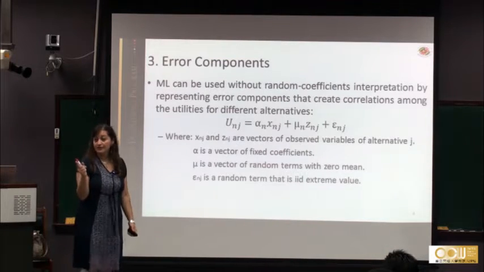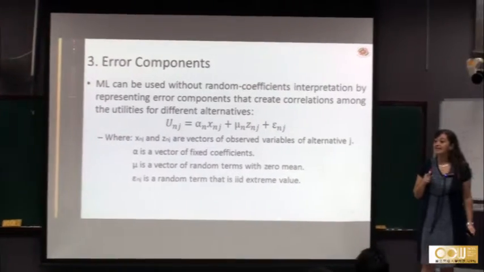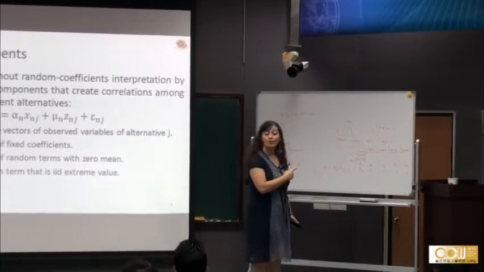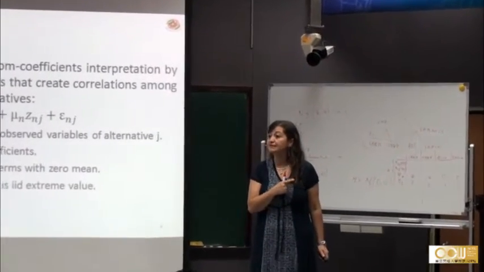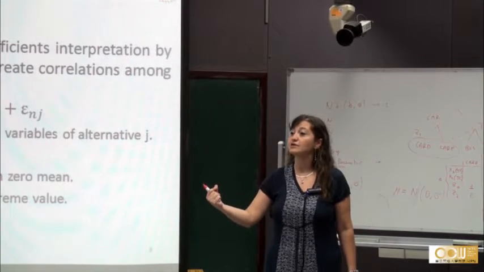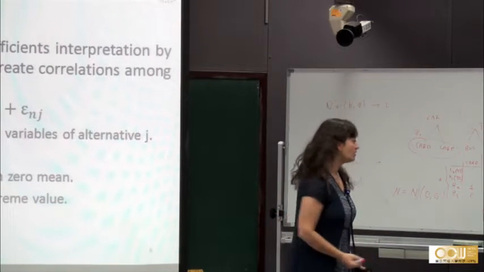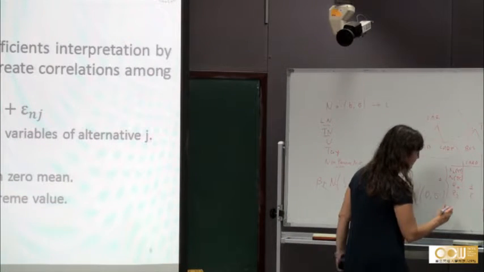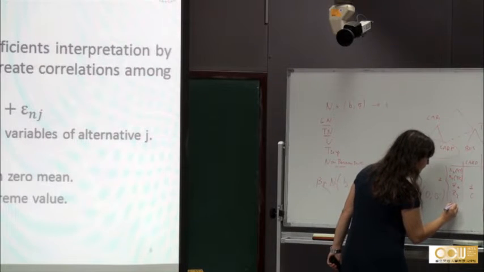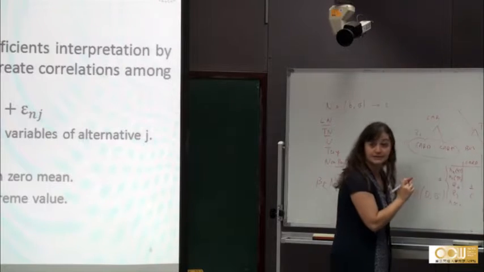What John Walker is also saying in her dissertation is that you can have a heteroscedastic model if you add an error component to each of the alternatives. It's like estimating as random the alternative specific constant. In that case, you have a heteroscedastic mixed logit. So it means that you have something like that. Suppose that we have 3 alternatives. So if you have the alternative specific constant 2, you add an error component here.